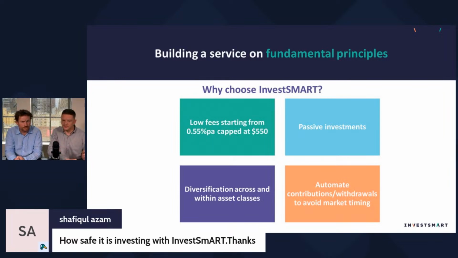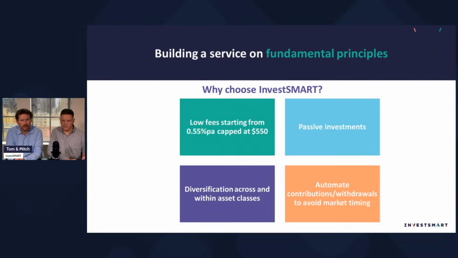So your super fund, your family trust, your joint investments, however you choose to invest with InvestSMART, they are held on a HIN in that name. InvestSMART's name is not on that paperwork. You are the full legal owner. So if anything does happen to InvestSMART as a business, you'll be able to transfer out those assets and continue on elsewhere.